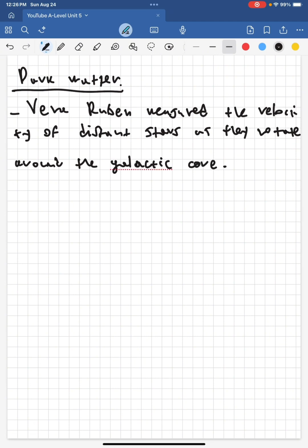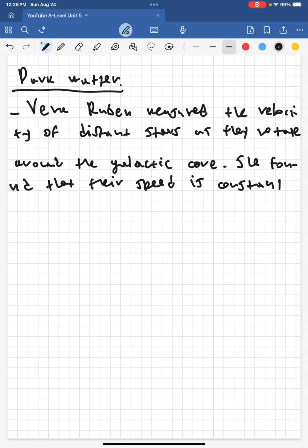Okay, so she found, surprisingly, that their speed is constant and also independent from their distance from the core.